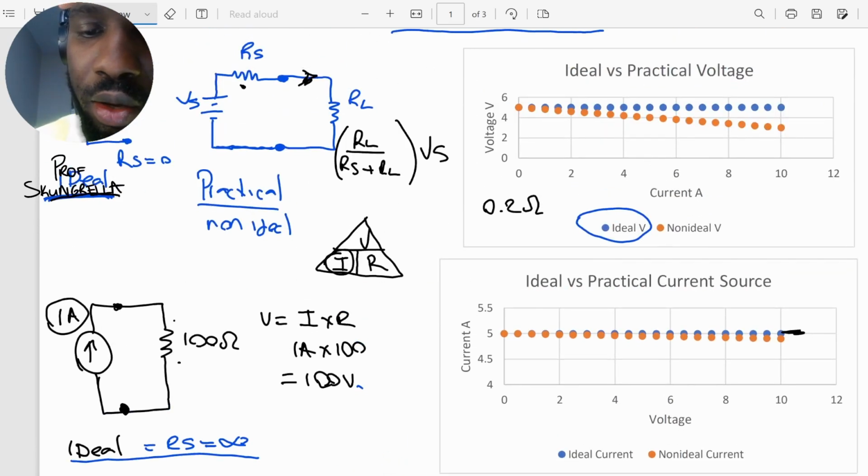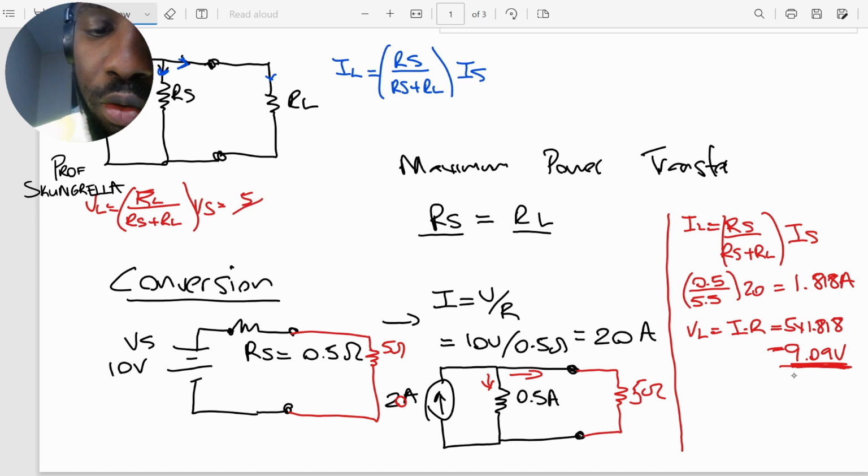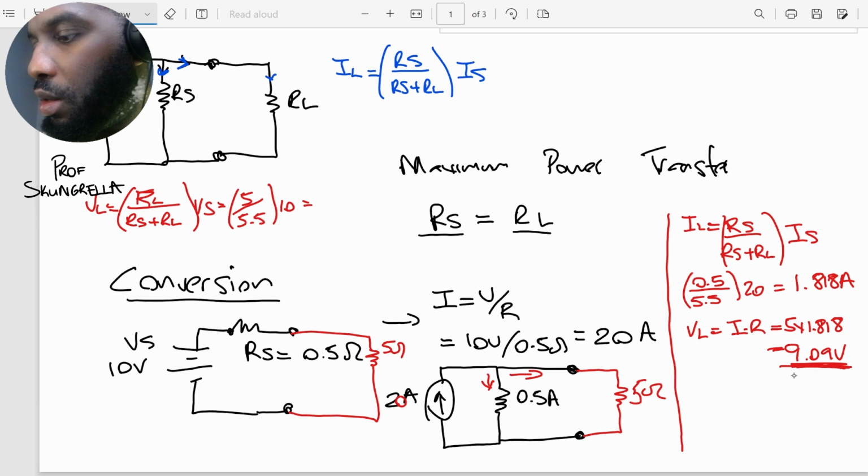VL is going to be equal to RL over RS plus RL times VS, which is equal to 5 over 5.5 times 10.